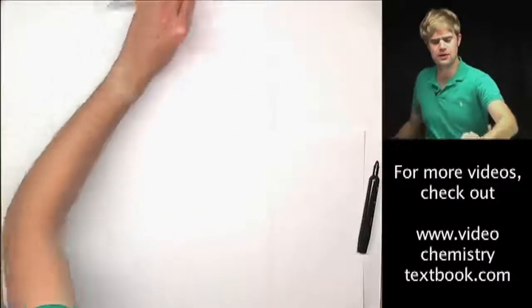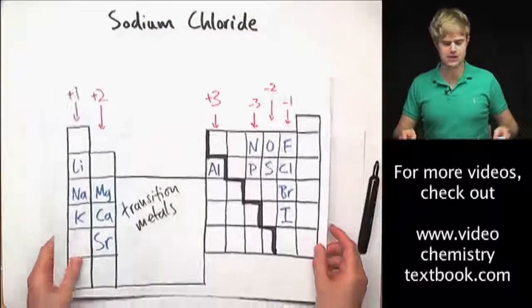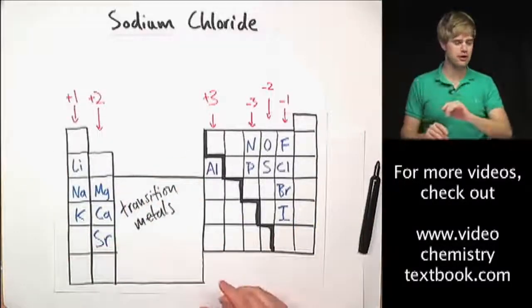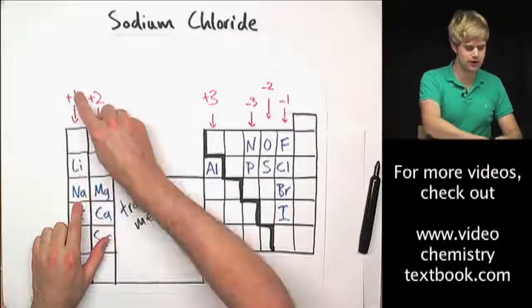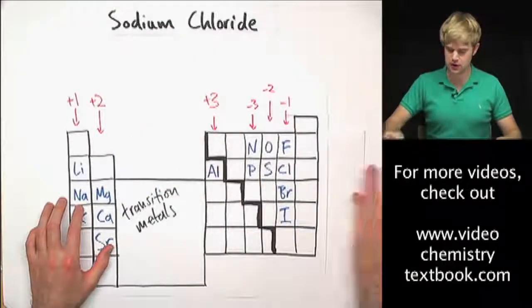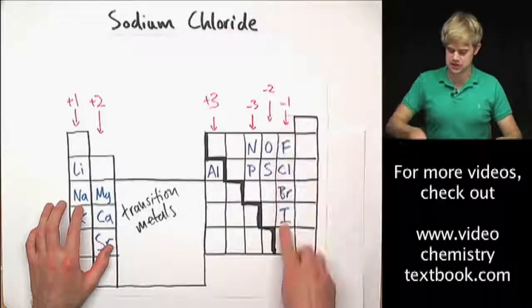Okay, here's another one. Sodium chloride, which is the name of common table salt. Once again, I'm going to find them both on the periodic table. Sodium right here is in the 1 plus column, and chlorine or chloride is in this column right here.